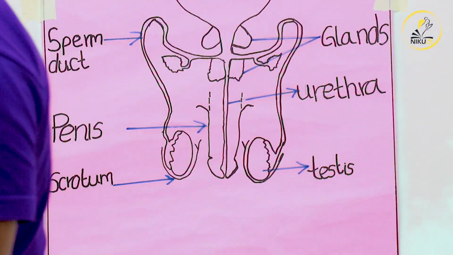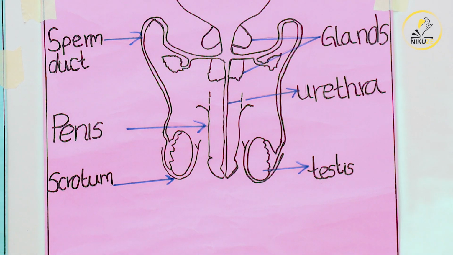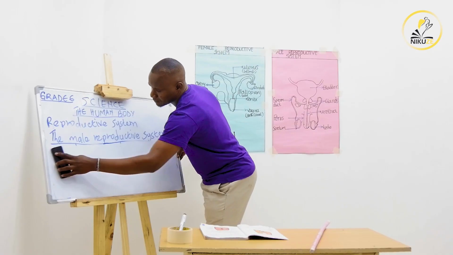So our next part is the urethra, as a male reproductive system part.